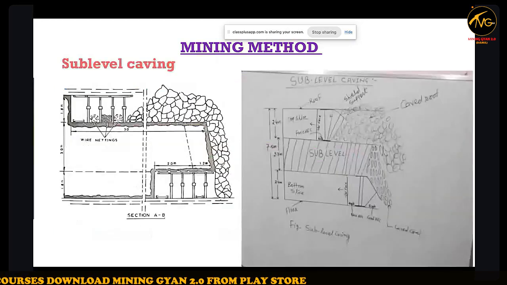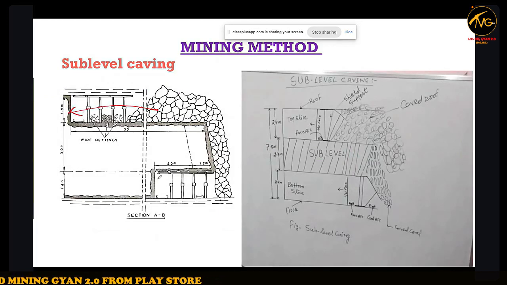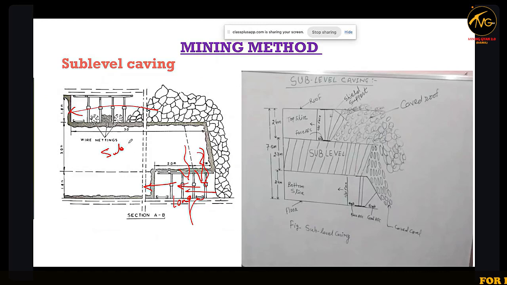Then we have seen sublevel caving. We make 3 slices, and we extract with the sub long wall retreating method. In the bottom slice, we will use sub long wall retreating. When the soft rock caves, it is sub level, so it is known as sub level caving.